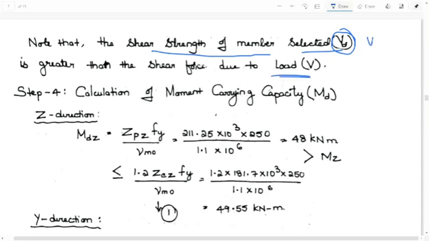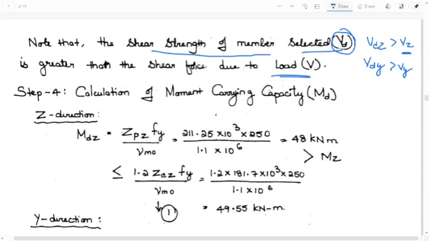That is VDZ should be greater than VZ, which we calculated in step 2 or 3, and VDY should be greater than VY. Okay, the shear strength of the section should be greater than whatever shear force is coming due to load on that section, isn't it? So since the condition is satisfied, it is safe against shear.